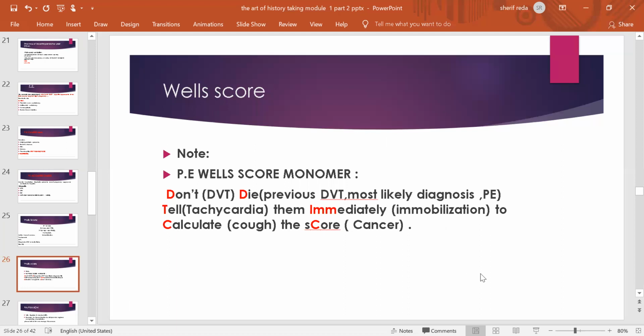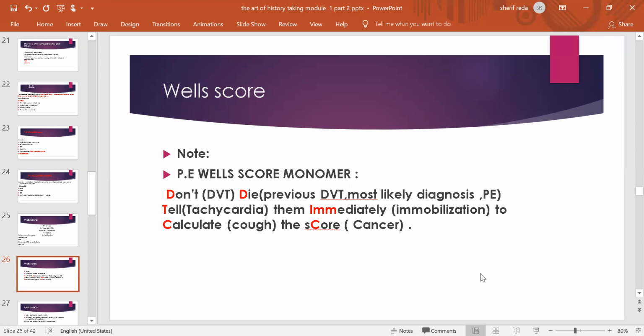So for PE Wells score, there is a very famous mnemonic, which is "Don't die, tell them immediately to calculate the score." You can use the first letter of each word to indicate one of the items of the Wells score. Don't, D stands for DVT, meaning that this patient is having DVT now.